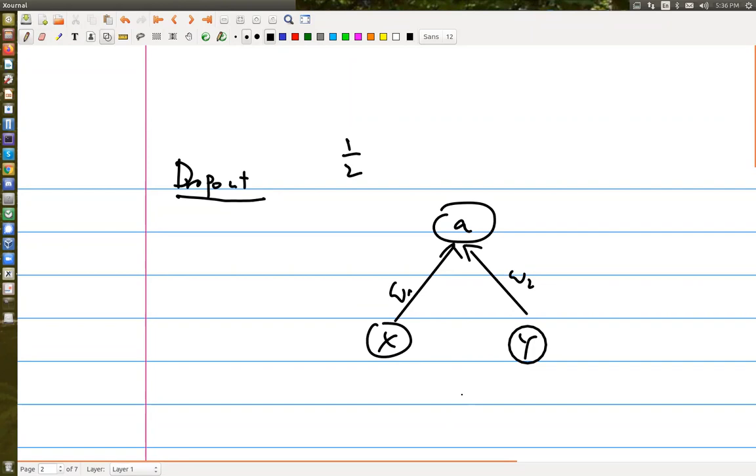Now, during test time, let's say during training I train this W1 and W2 with dropout. Sometimes I drop this, sometimes I drop that, and then I get some nodes trained. So let's say I have four situations here, as I just mentioned.